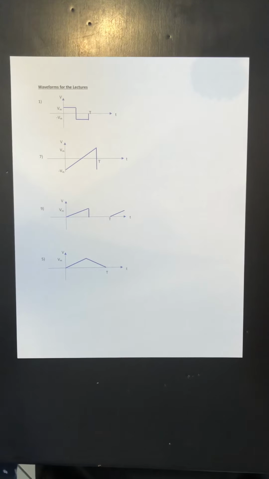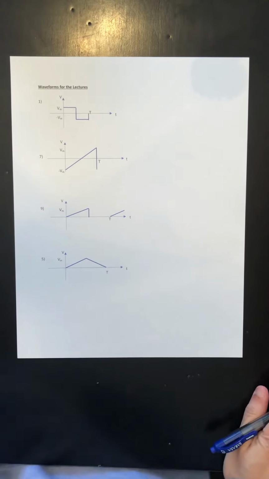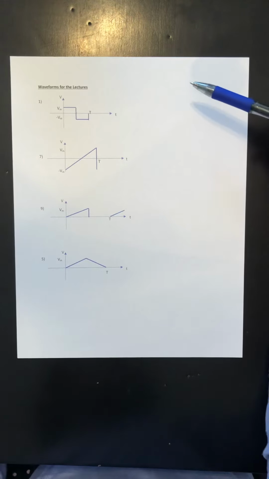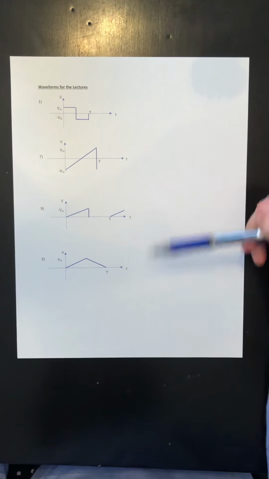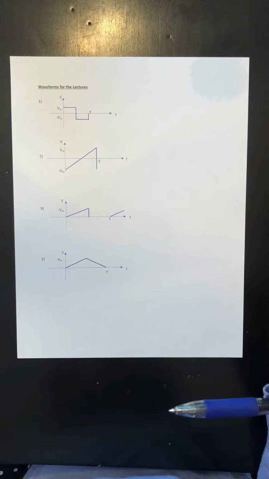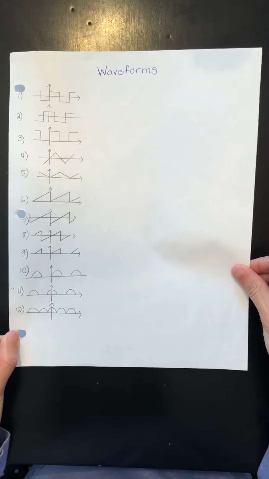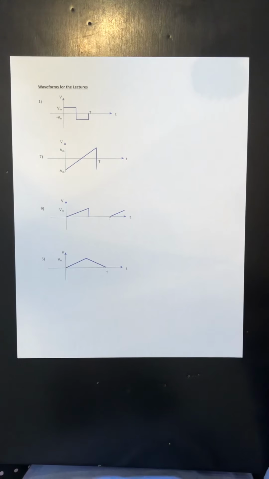Okay, today we're going to focus on 4 very specific waveforms. These are taken from the list of 12 very primitive drawings that we looked at last day when we were talking about waveform symmetries.